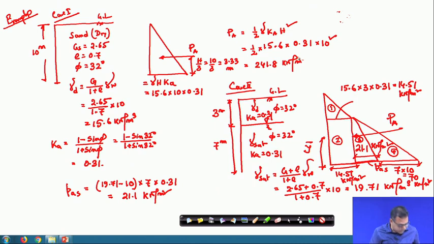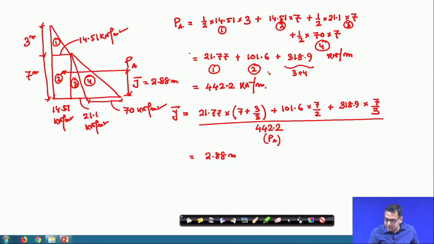Just correct that. Here it was 241.8, now it is 442.2, and the point of application of this force is 2.88 from the base. So, that is the change.